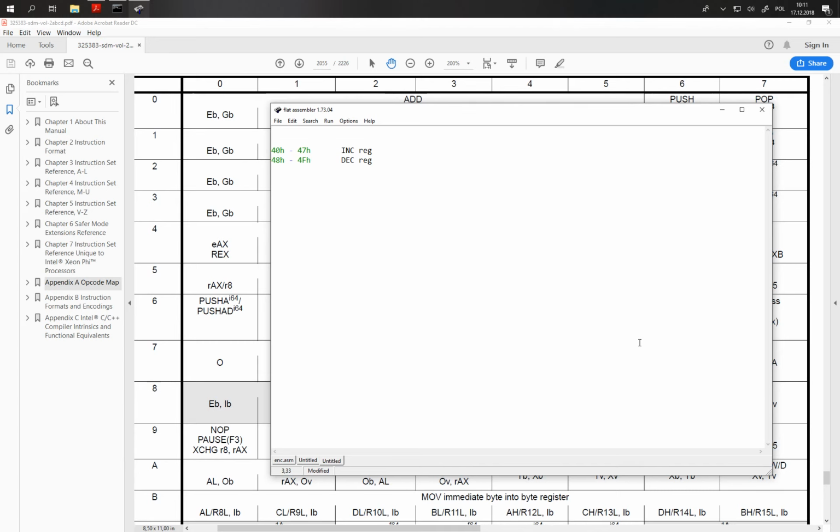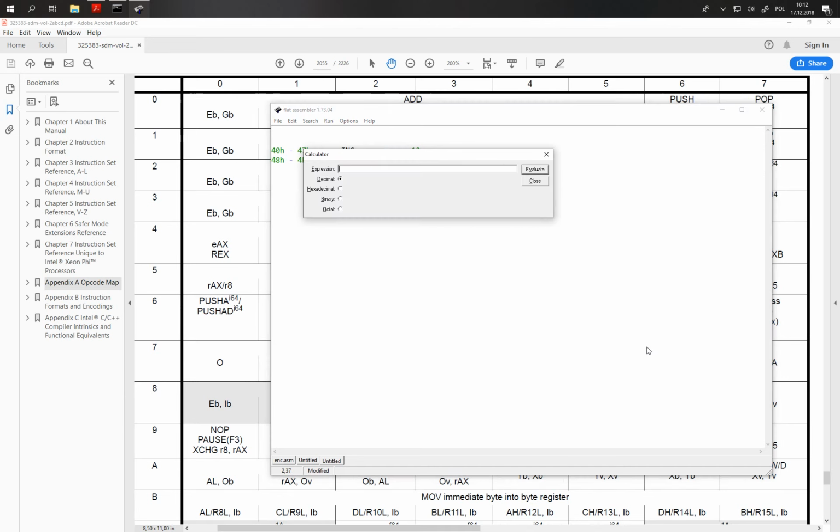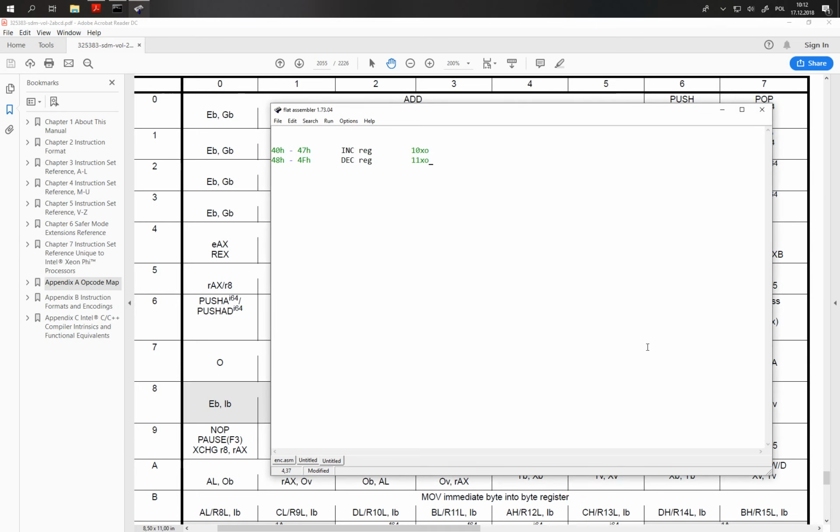And in octal system, this would simply be 10x, 11x, octal. Is that right? Yes. And x is again a single octal digit that encodes a single register.